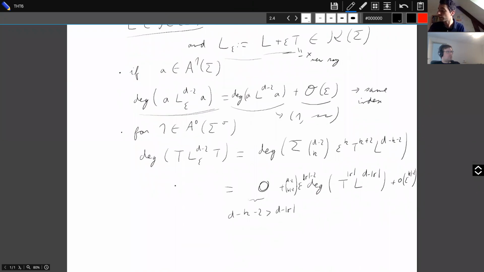And for this part, okay, you can decompose everything. You have L sigma to the d minus sigma plus 1 is 0, because A d minus sigma plus 1 of sigma is 0. So most of the part is 0. There is a part which is smaller than the rest, and there is only one part which is interesting.